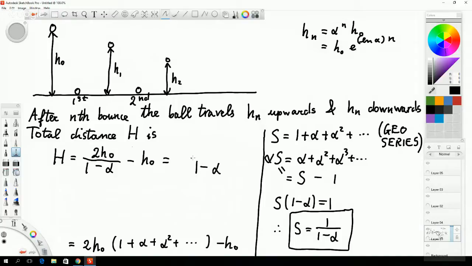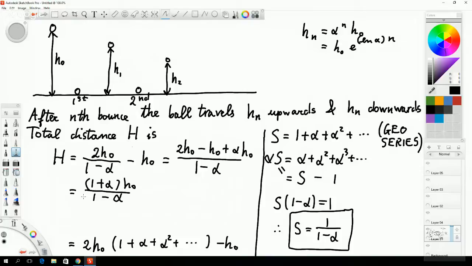We have 1 minus alpha: 2h naught minus h naught into 1 minus alpha, so minus h naught plus alpha h naught, which then equals 1 plus alpha into h naught over 1 minus alpha. Okay, so this is our final result, and this is the total distance traveled.